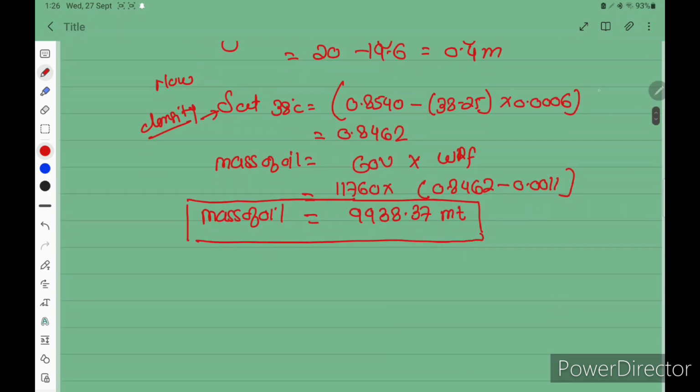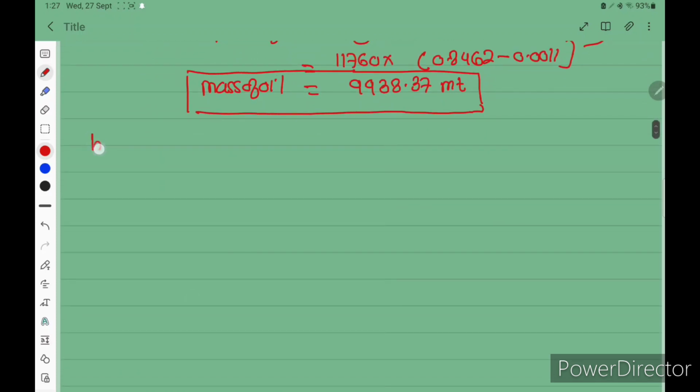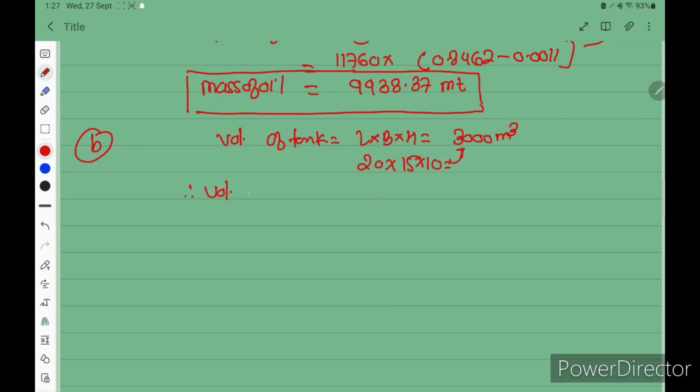The only difference here is the coefficient. Now this part B: same, volume of tank is equal to length into breadth into height, which is 20 into 15 into 10, equal to 3000 meter cube. Now we know that the volume of tank is equal to volume of oil plus free space.